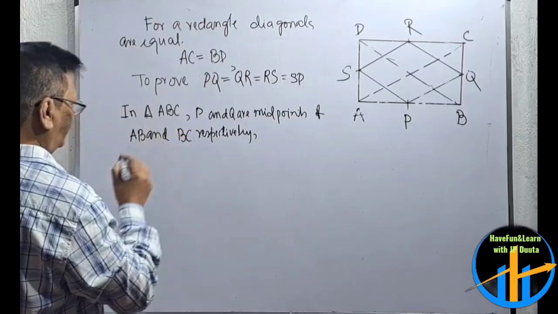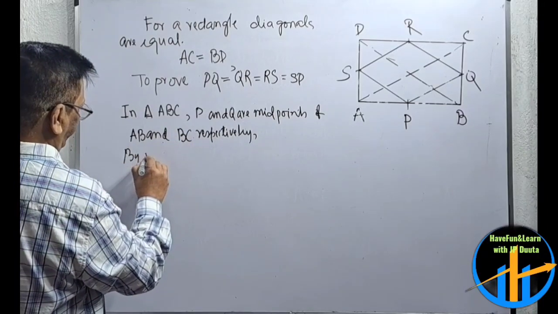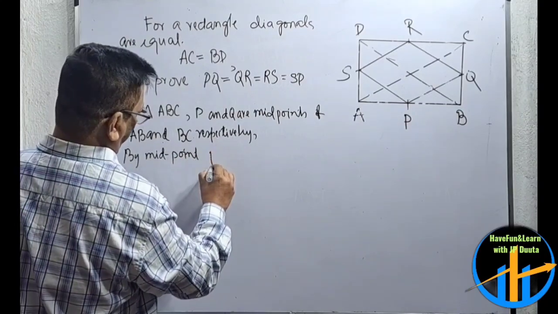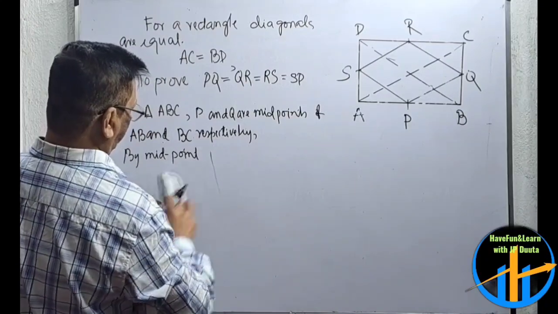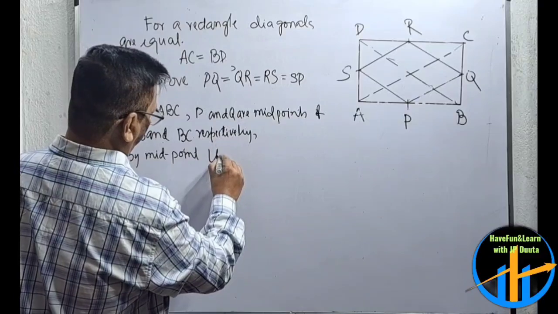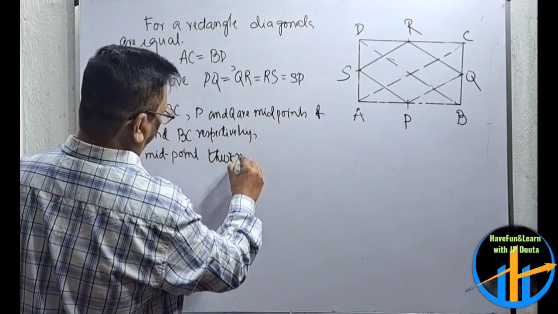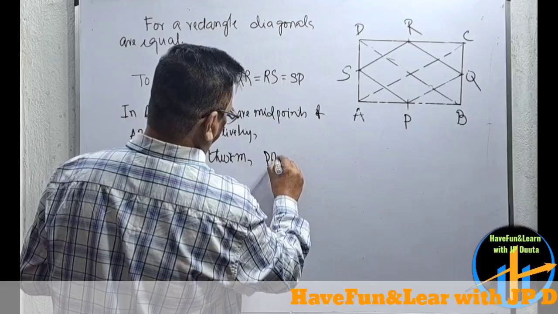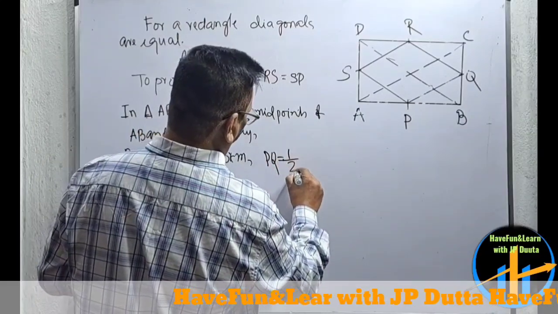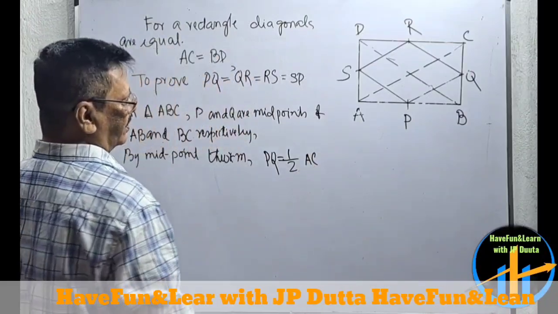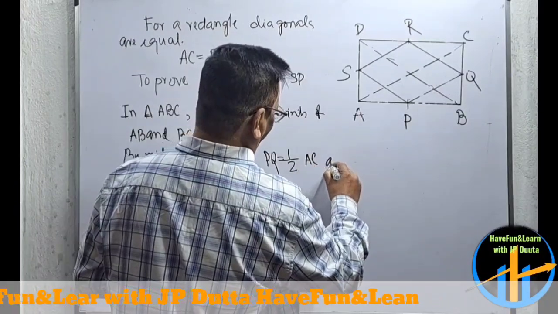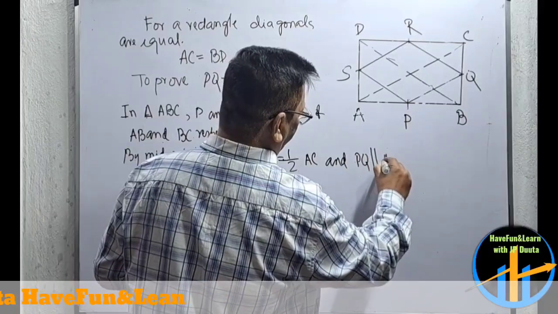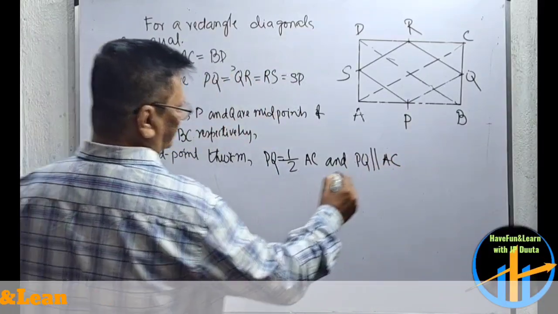Right? Now by midpoint theorem, we can write PQ is equal to half of AC and PQ is parallel to AC. Right? This is number one.